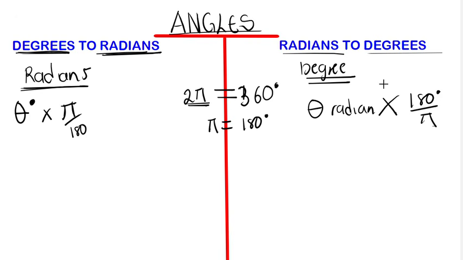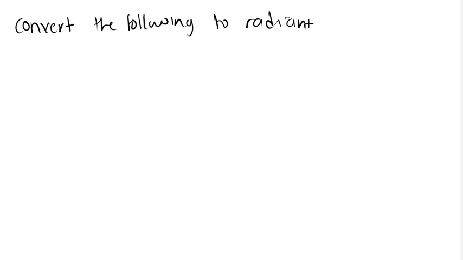The questions may come like this sometimes: convert the following to radians. The first question, you have been given 60 degrees, and you want to convert this to radians.